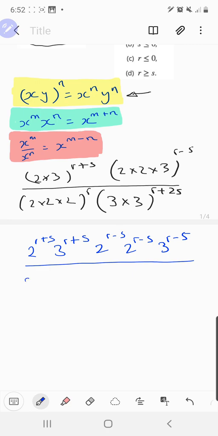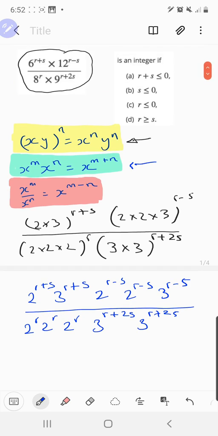The denominator is 2 to the r, 2 to the r, 2 to the r, 3 to the r plus 2s, and also 3 to the r plus 2s.